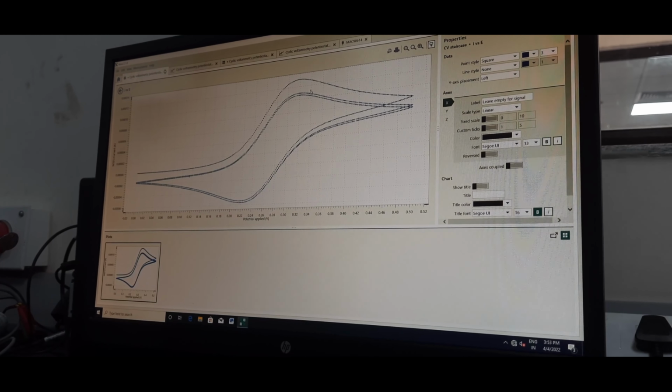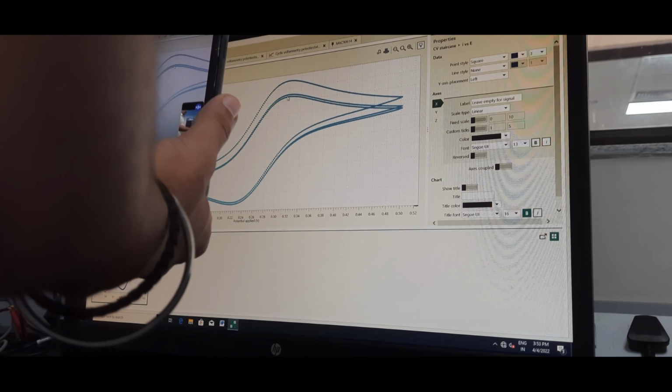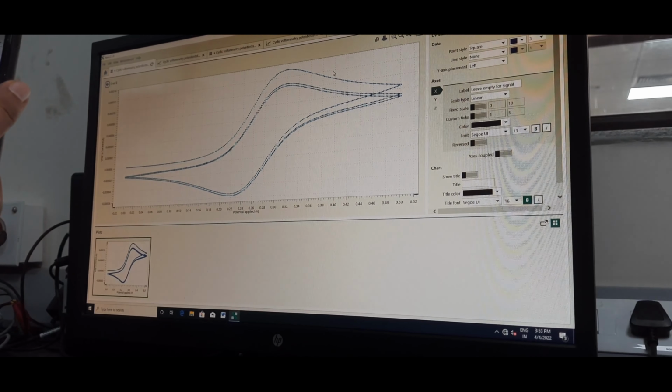See, from second to third current is less. Now just see from third to fourth the current change.